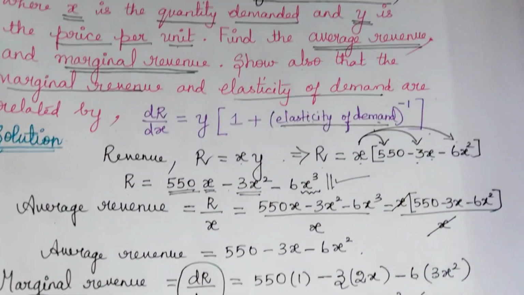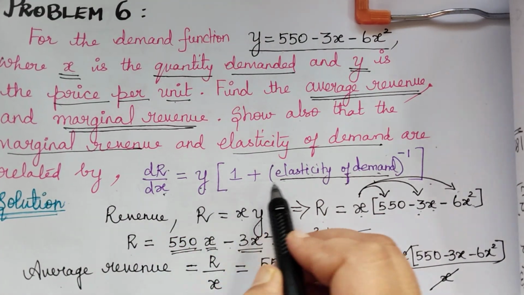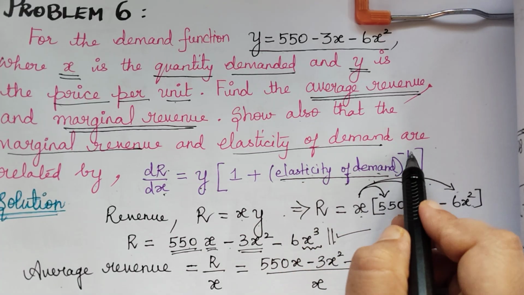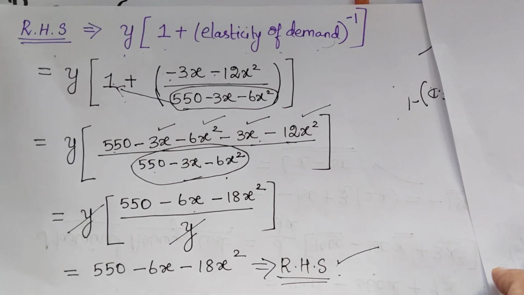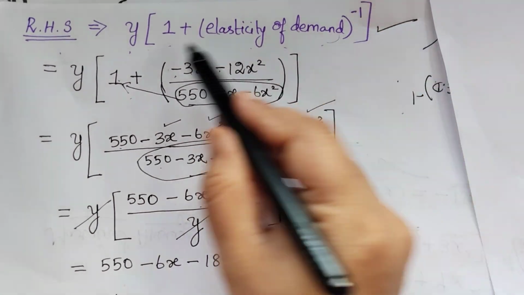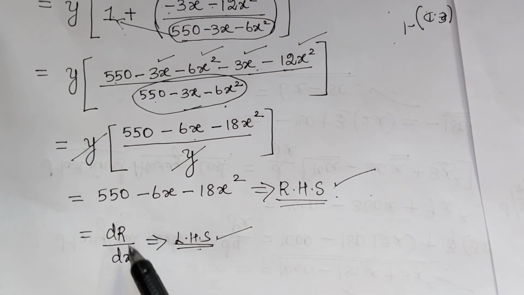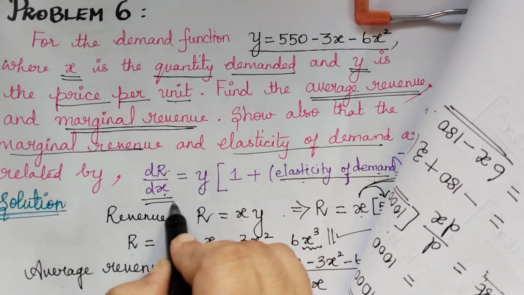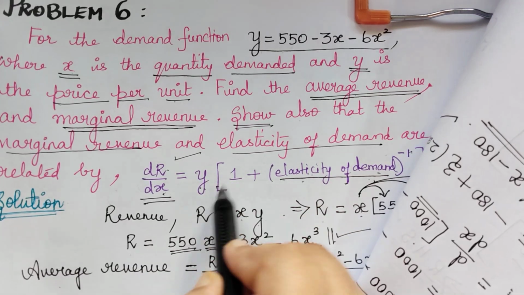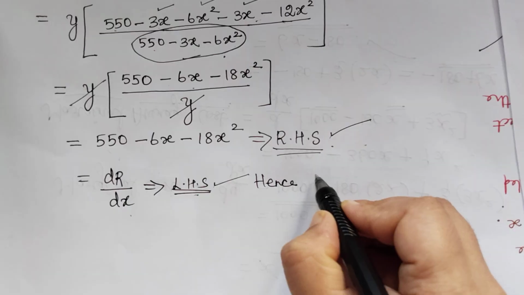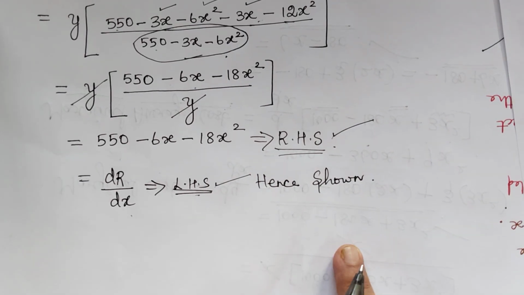That is, from the question we have to prove that dr by dx is equal to y multiplied with 1 plus elasticity of demand inverse. This is the right hand side which we took and we simplified, and we arrived at the left hand side, that is dr by dx. So therefore we have shown this relation because the question was to show that. So hence shown. I hope you would have understood this problem.